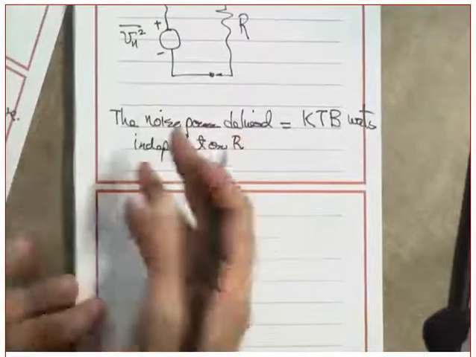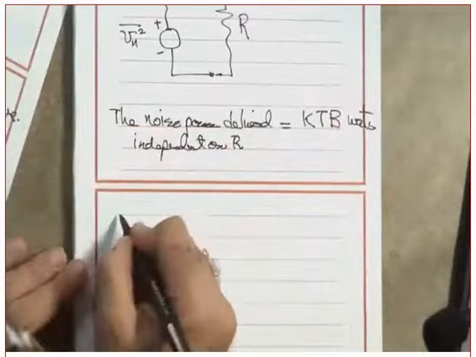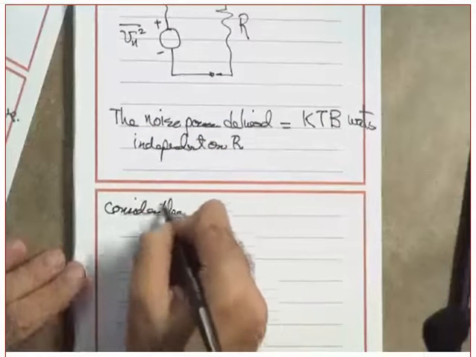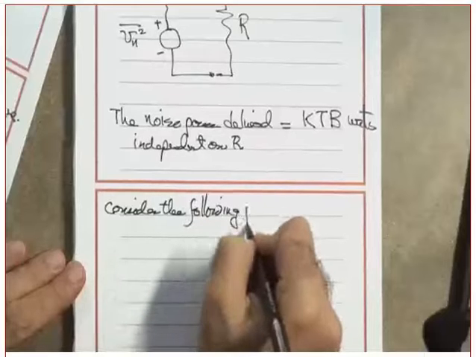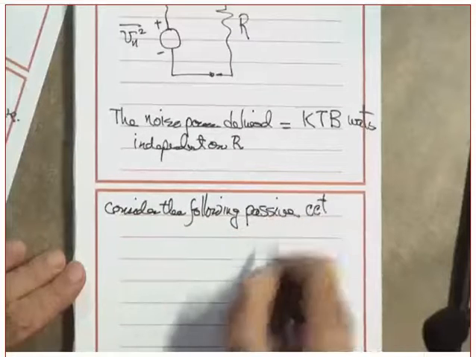Now, how about if we do have a passive element? In other words, it's a passive circuit, but it's not totally resistive. Consider now the following passive circuit.